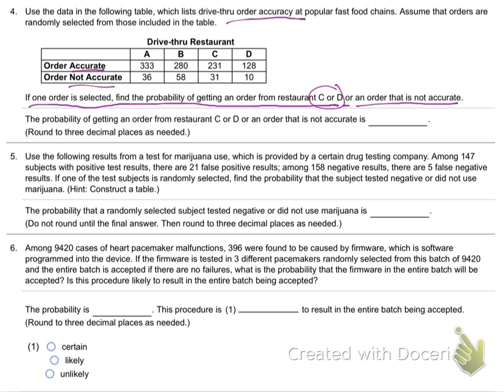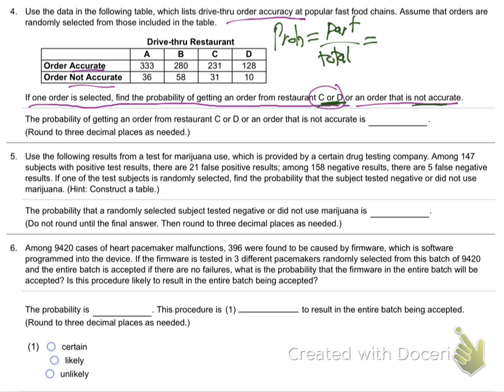Now that's a little tricky. Remember, probability always equals part over total. So the probability of getting an order from restaurants C or D or not accurate.